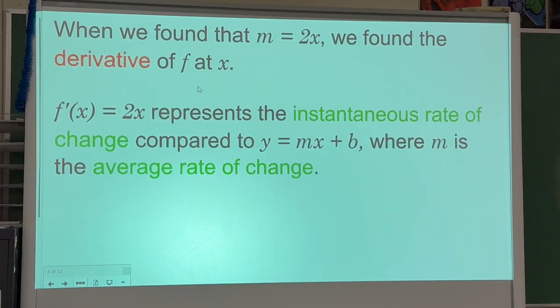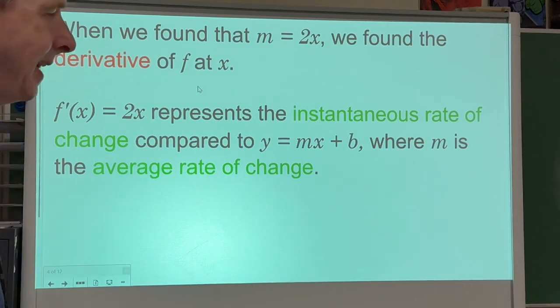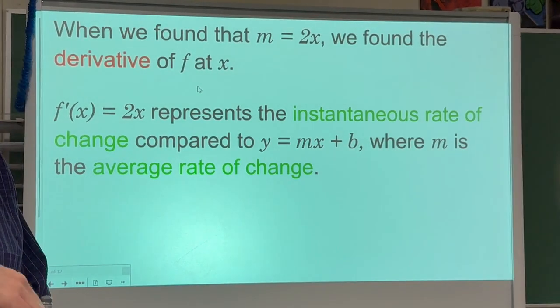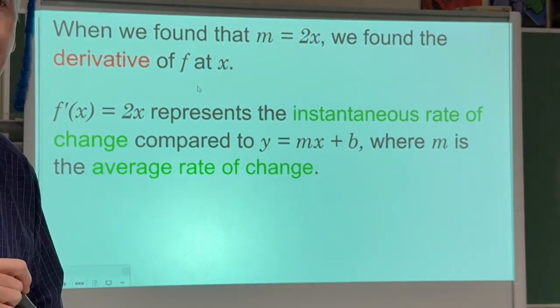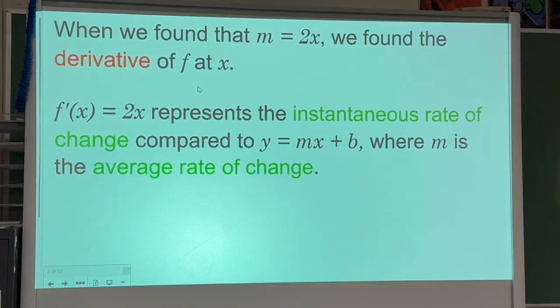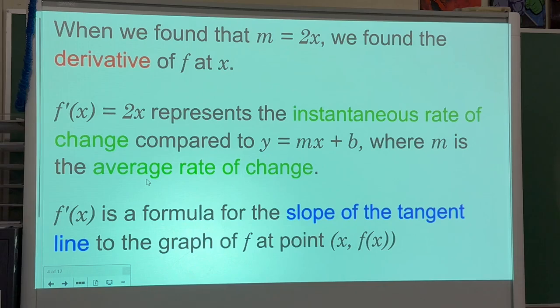That's the slope. Compared to when you have y equals mx plus b, m is the average rate of change because you're taking those 2 points and you're doing the y2 minus y1 over x2 minus x1. So our derivative is the instantaneous rate of change, the slope at a particular point.